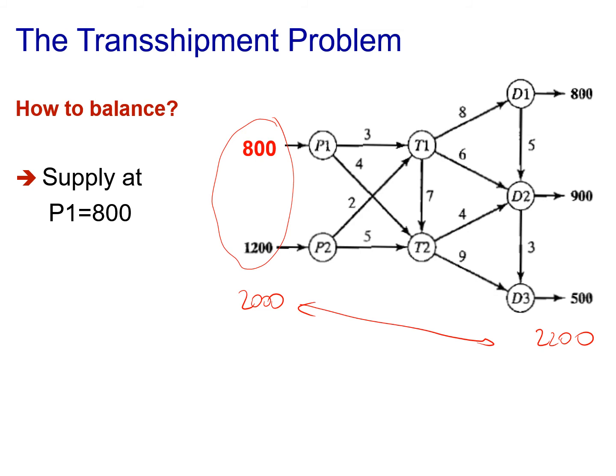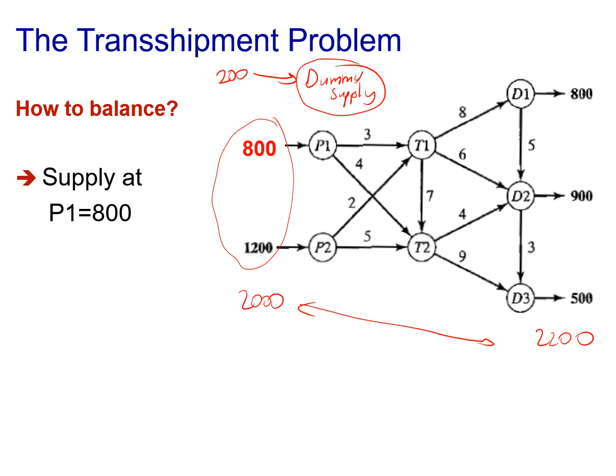Actually, this problem becomes infeasible because total supply is not sufficient for the total demand. But in some cases, as we discussed, by giving a penalty, it is possible not to supply the total demand. If that is the case, then we can include a dummy supply point. The amount of supply will be equal to the difference between total demand and total supply.